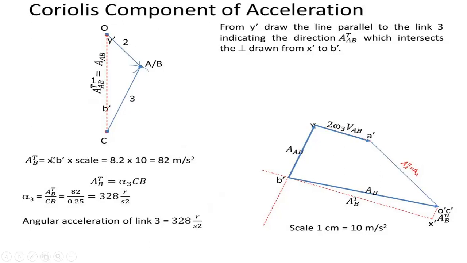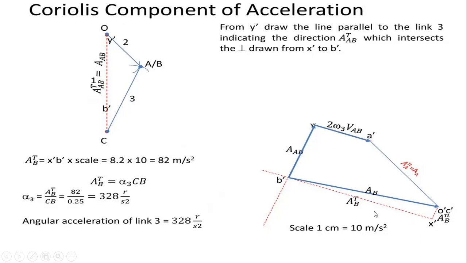Next we need to find the tangential acceleration of B and the angular acceleration of link 3. For the tangential acceleration of B, we need to scale the length x dash b dash.